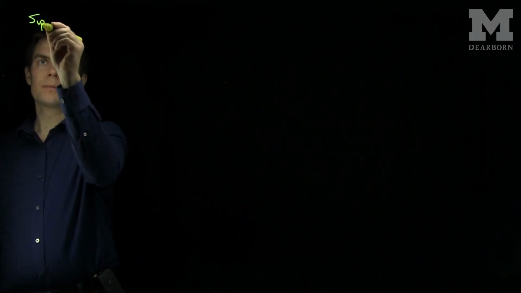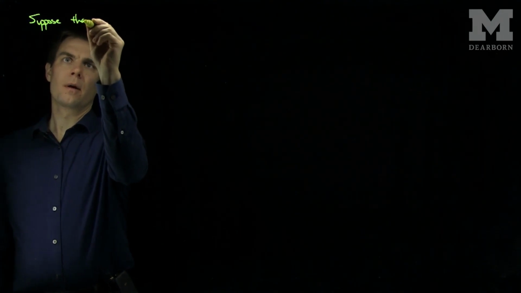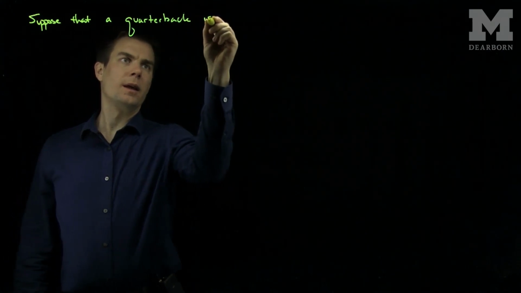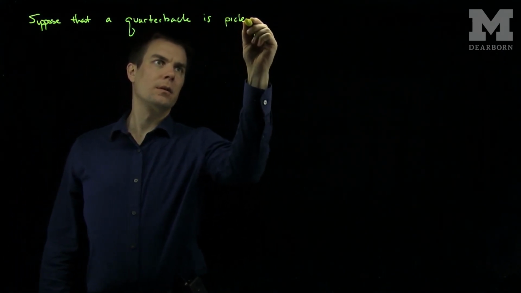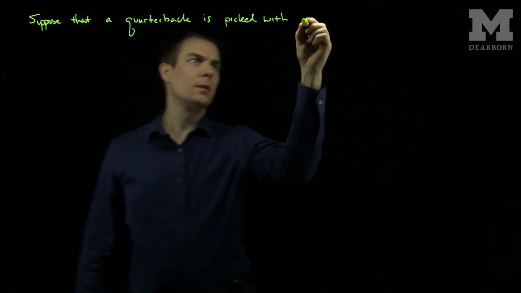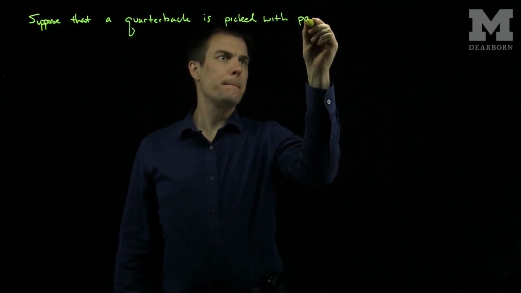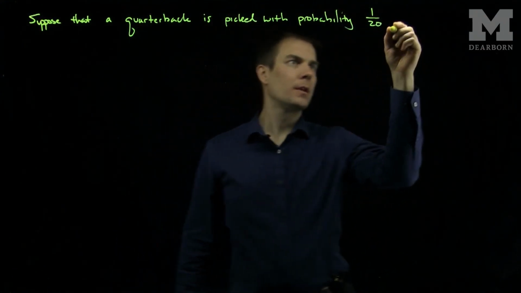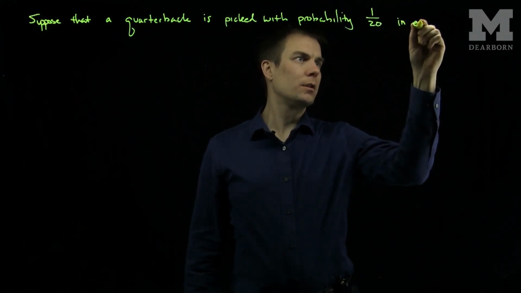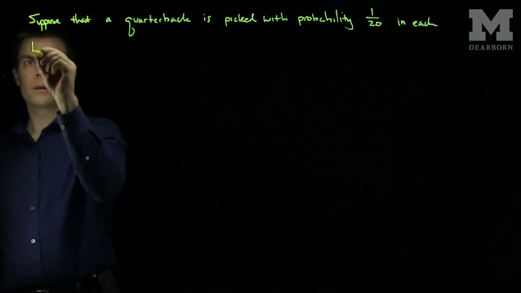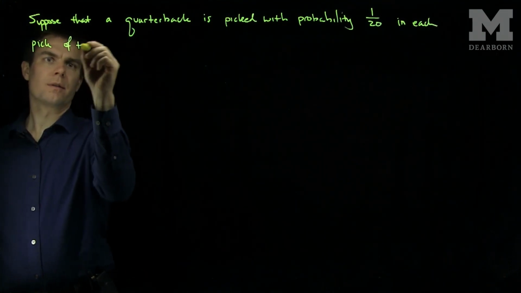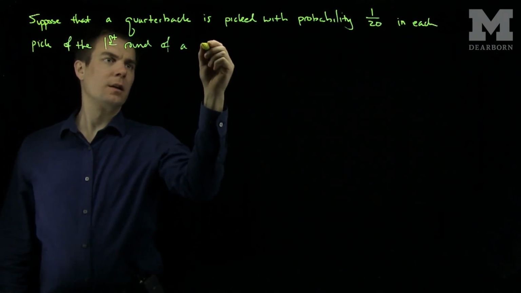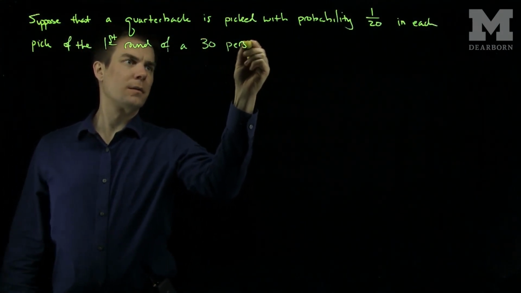Let's suppose that a quarterback is picked with probability 1/20 in each pick of the first round of a 30-person draft.